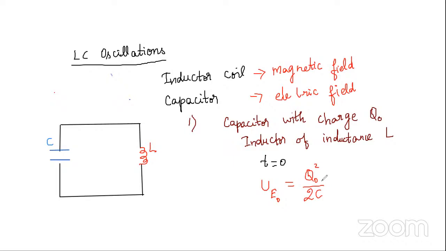So the total energy in the circuit is Q0 squared by 2C, and this is totally in the form of electric field. At the same time, the current in the inductor is 0. There is no current flowing.